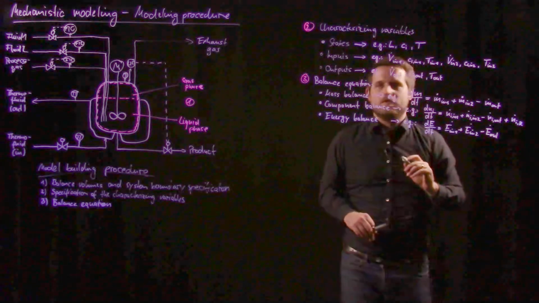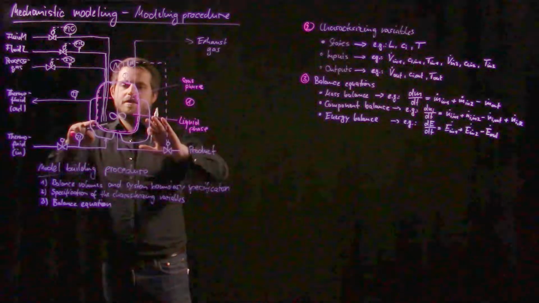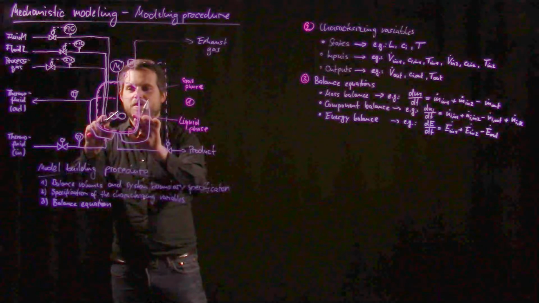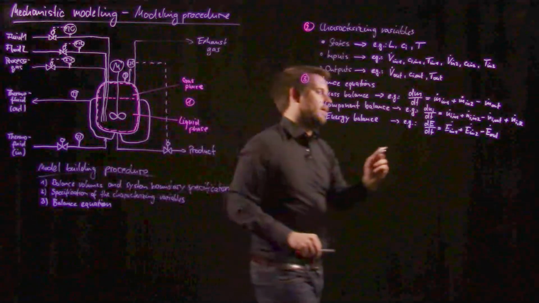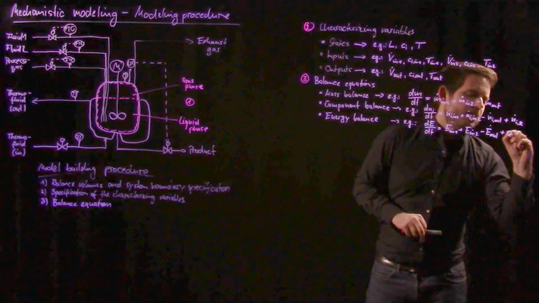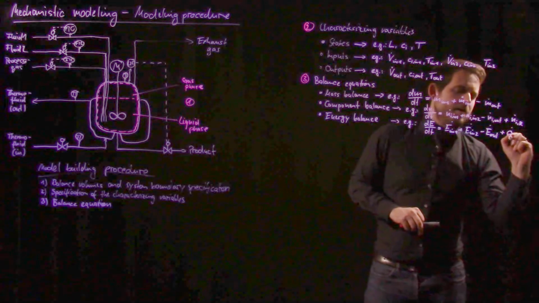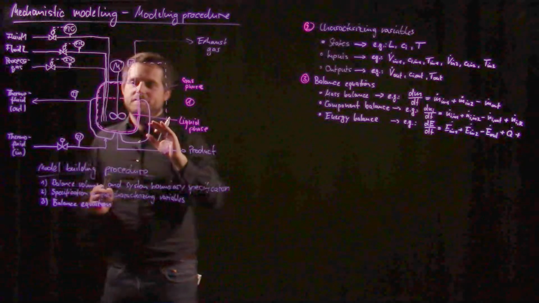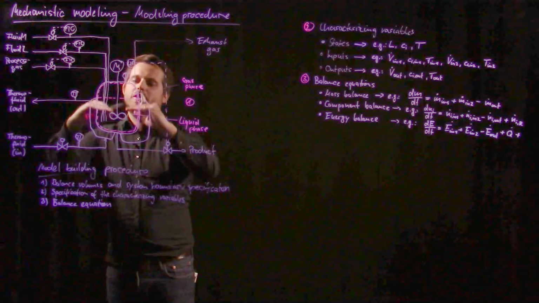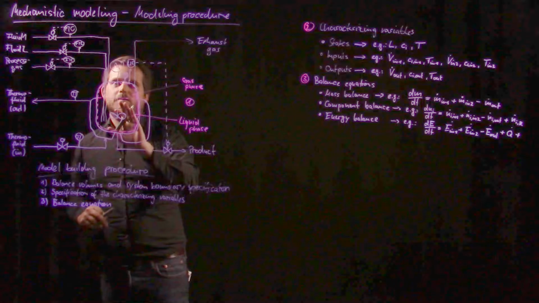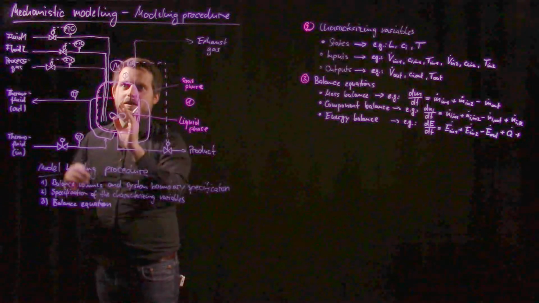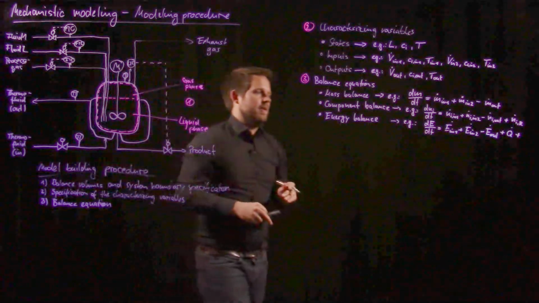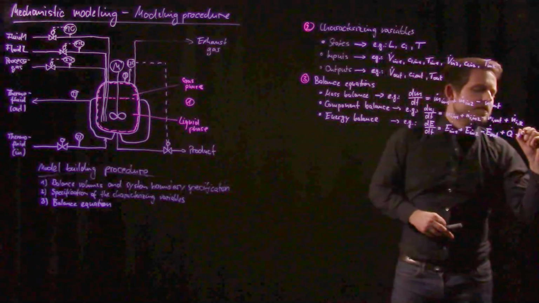And then we have also the influence this jacket has. So we have a heat transfer between the reactor room and the jacket. This would be plus Q dot. And we have a work that is done on the system or by the system. So we have like changing level. That would mean I'm doing work on the environment. Or we also have the stirrer, which is stirring and can put some energy into the system.